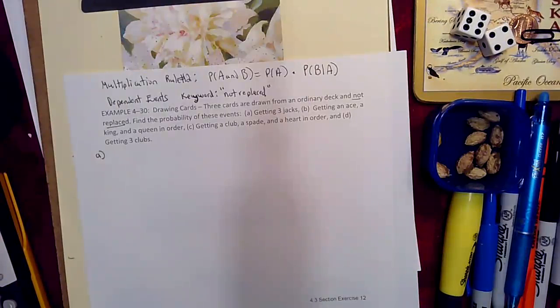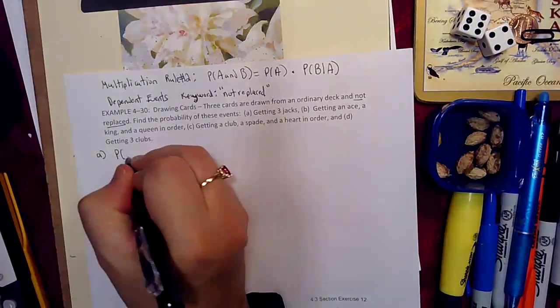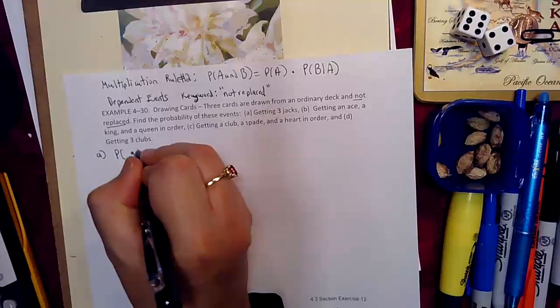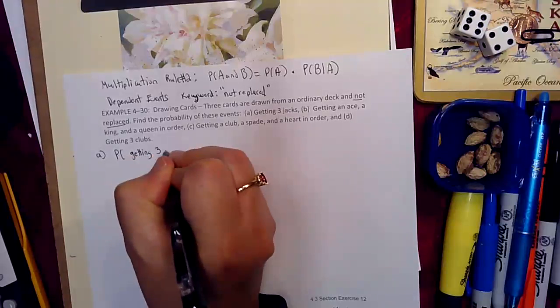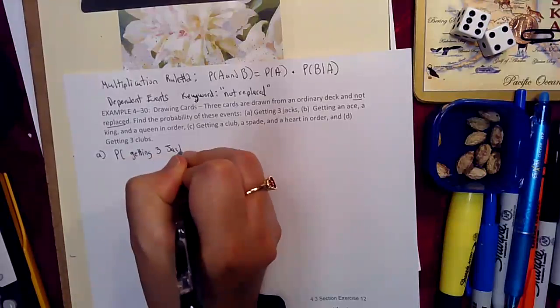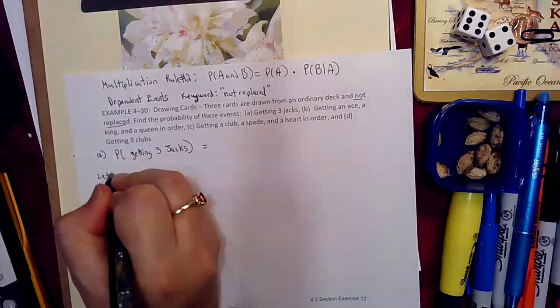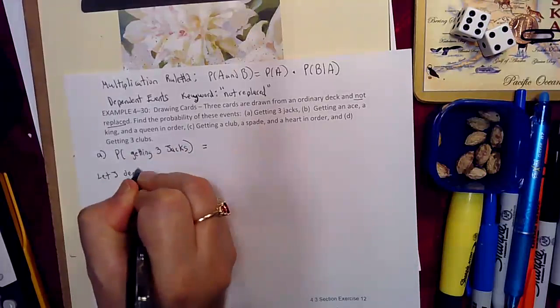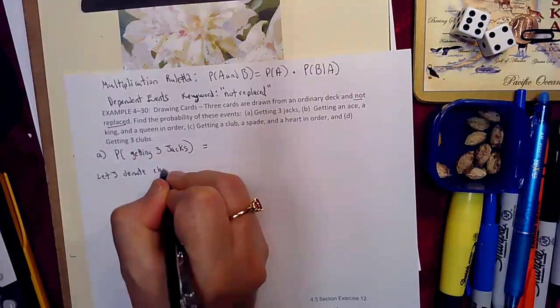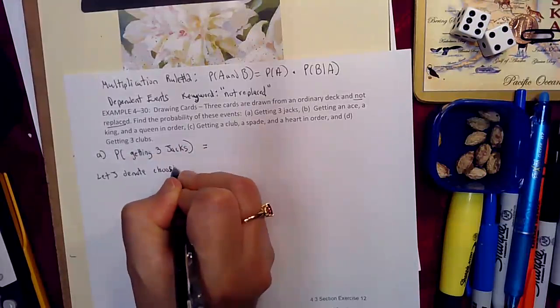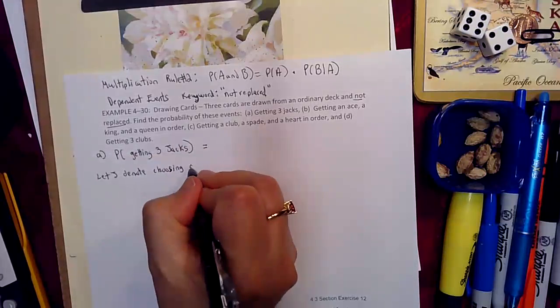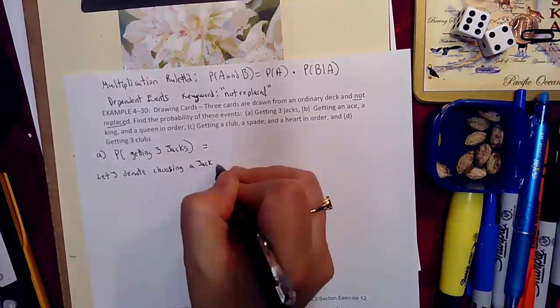So your 3 cards are drawn from an ordinary deck and not replaced. Find the probability of these events: getting 3 jacks. Probability of getting 3 jacks. And so I'm going to go ahead and let J denote choosing a jack card.